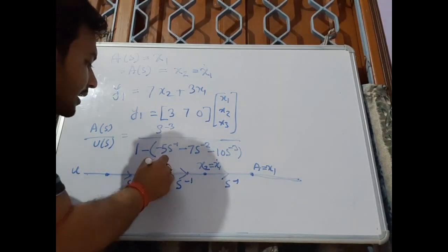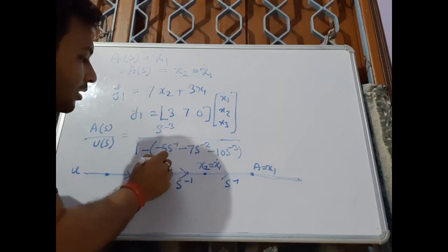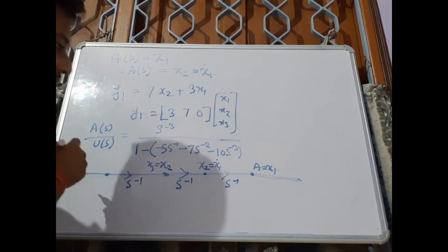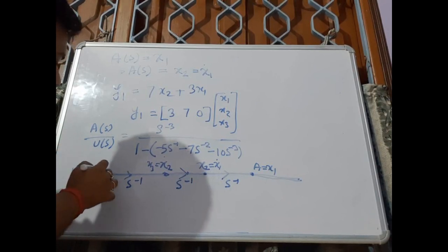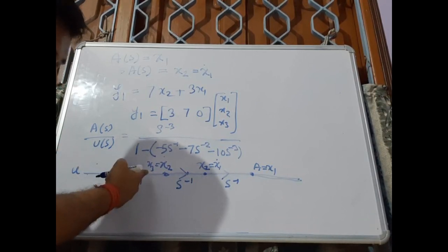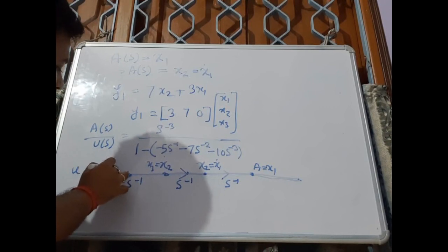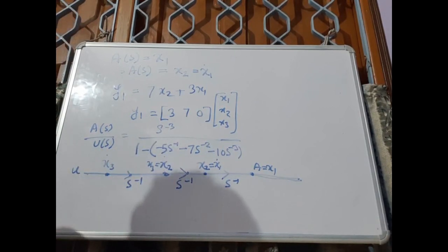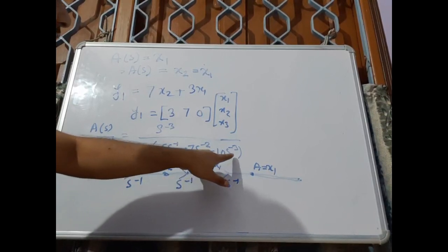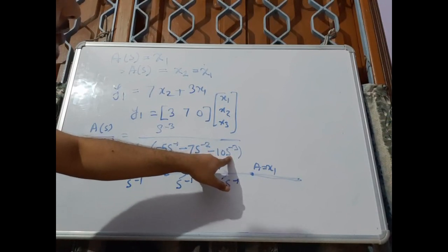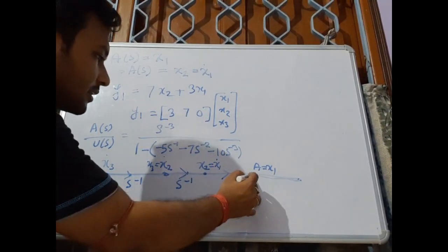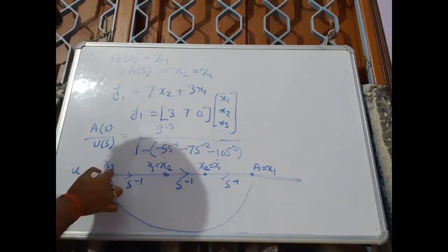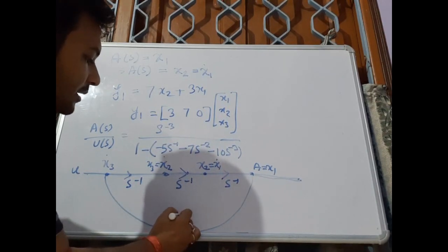And this is x2 dot, and that is equal to x3, and this is x3 and this is x3 dot, right? Now the coefficient of s to the power minus 3 is minus 10, so we have the gain here, minus 10.